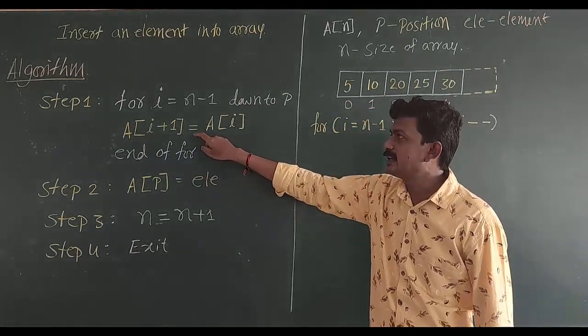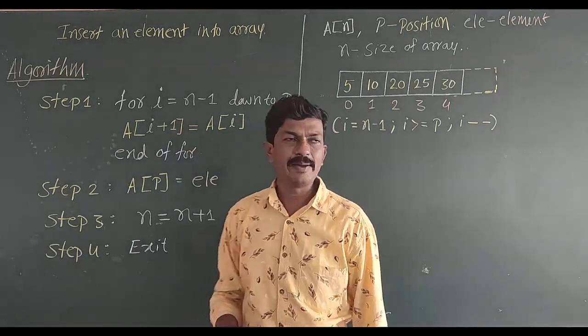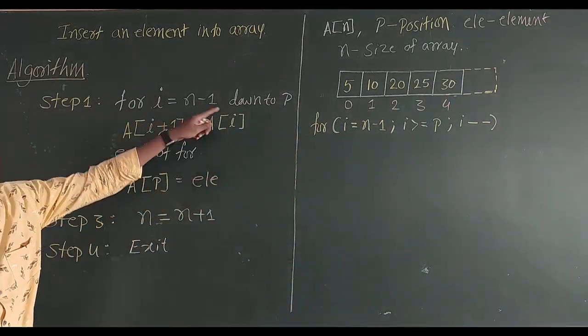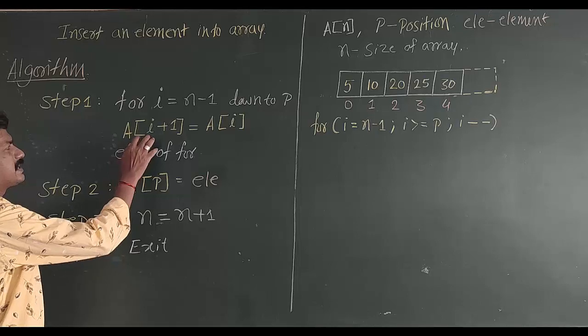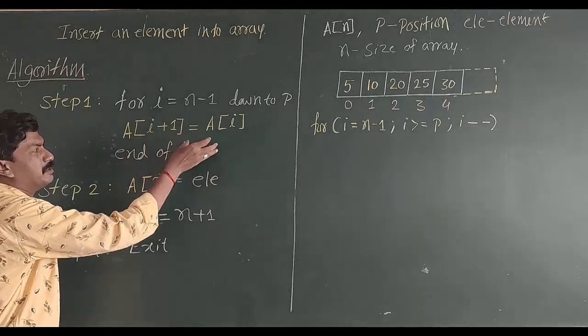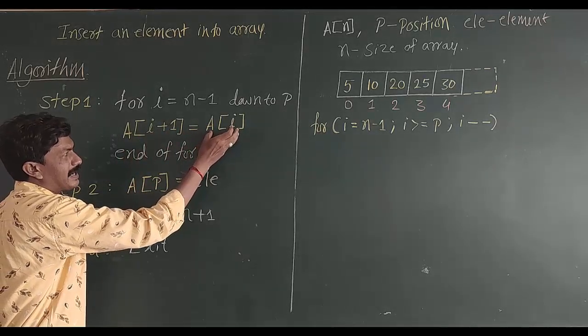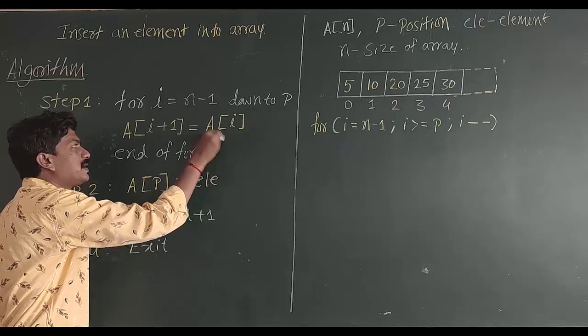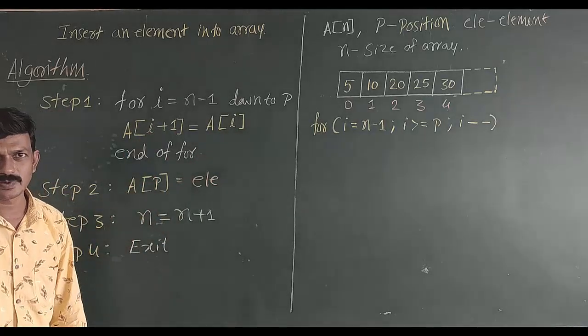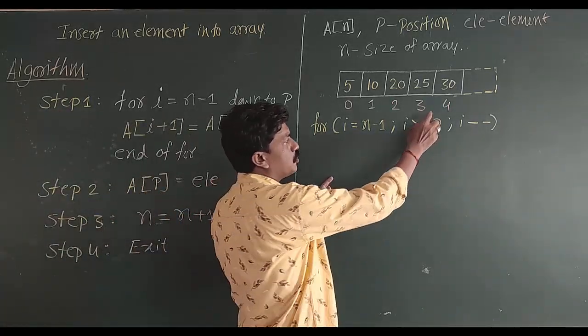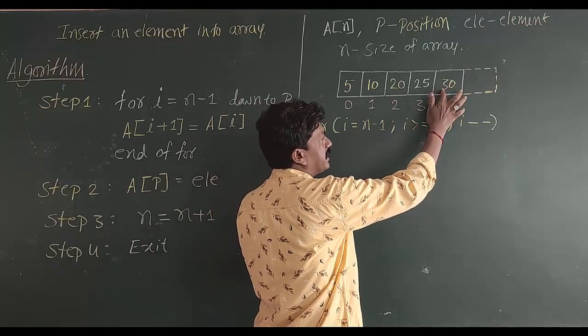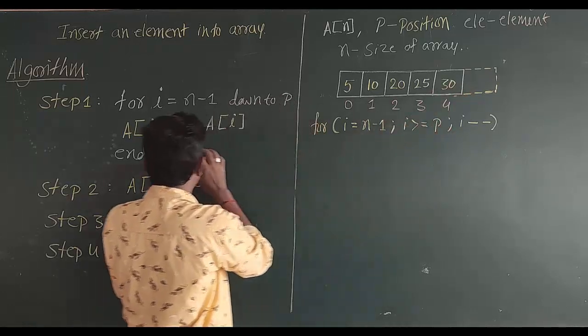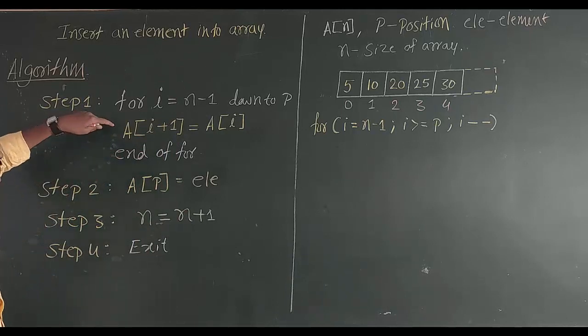In this operation I assign all those values to the higher index value, that is a of I plus 1 equal to a of I. Whatever value we have in the lower position is assigned to the next index. If I want to move element 30 to the next index, that is simply done using this statement.